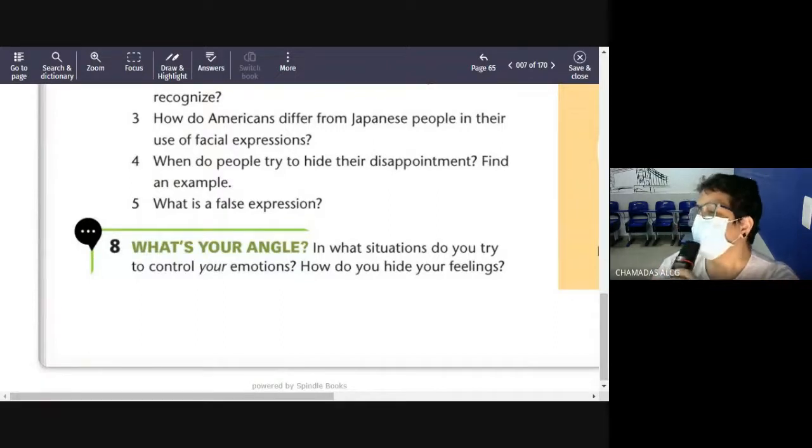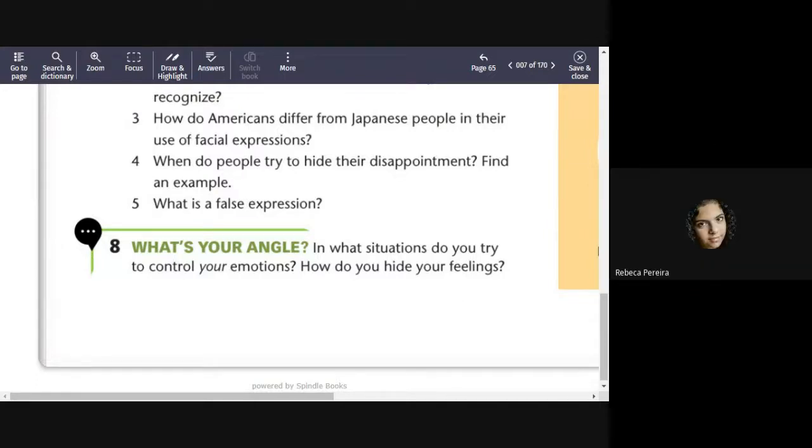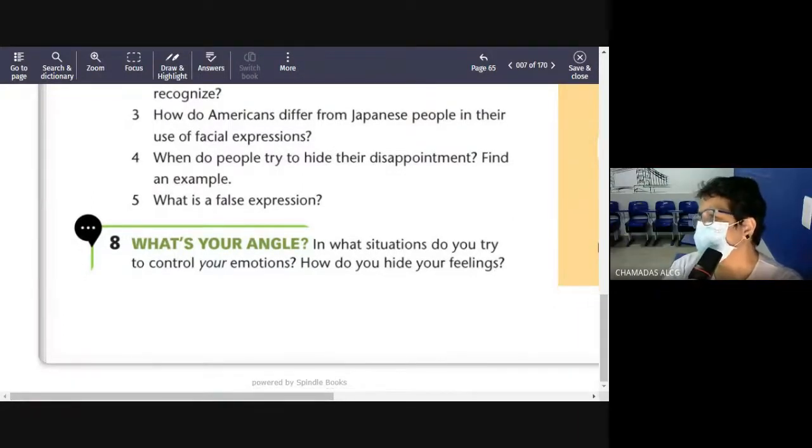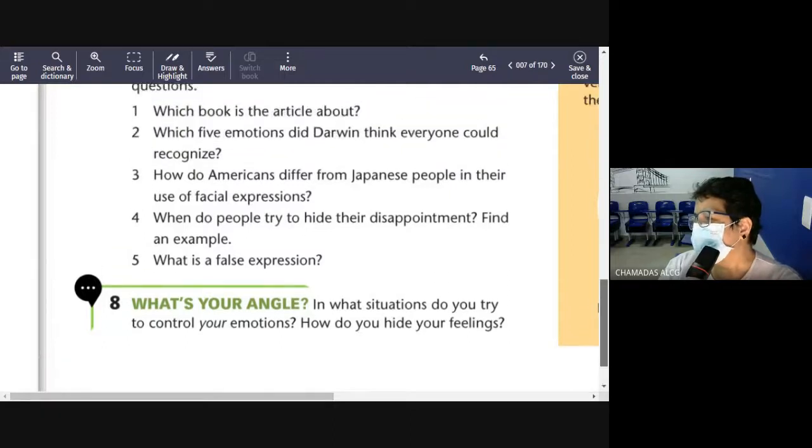How do you hide your feelings? You just hide. Okay.